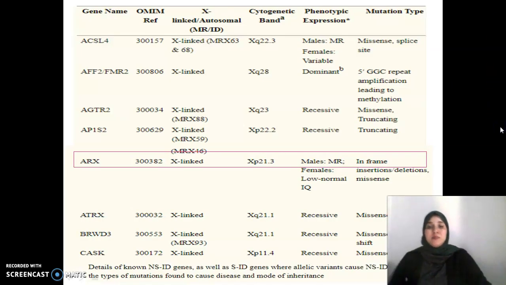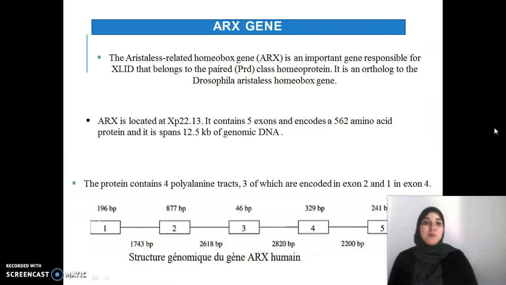There are several genes involved in syndromic and non-syndromic X-linked intellectual disability, like Harzallah-related homeobox gene ARX, which is an important gene responsible for X-linked intellectual disability that belongs to the paired class of homeoprotein.